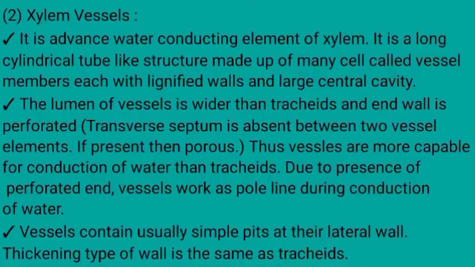Thus, vessels are more capable of conducting water than tracheids. Due to the presence of perforated ends, vessels work like a pipeline during conduction of water. Vessels usually contain simple pits on their lateral wall. The thickening type of wall is the same as tracheids.